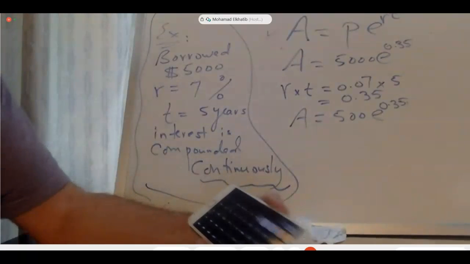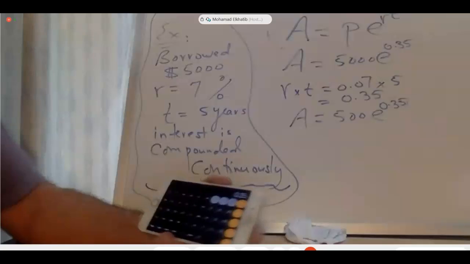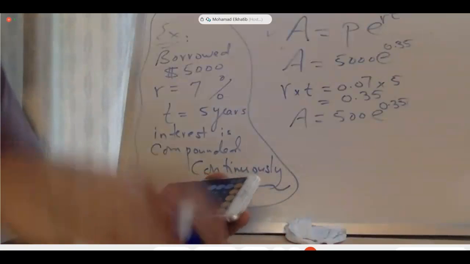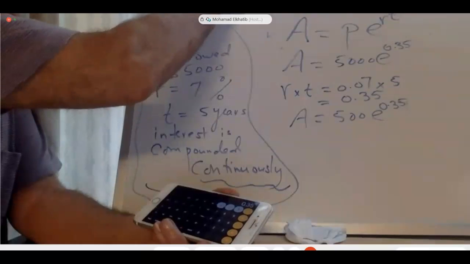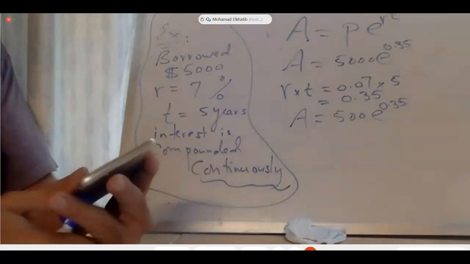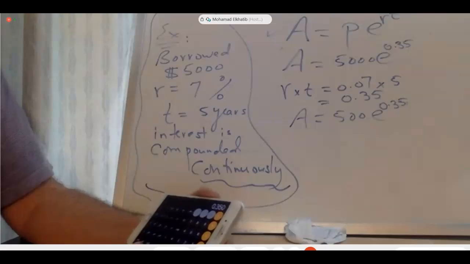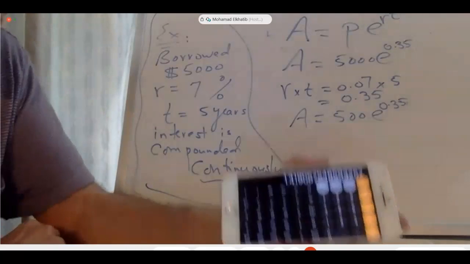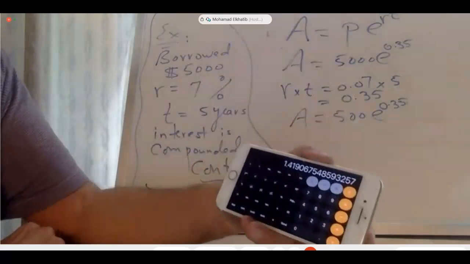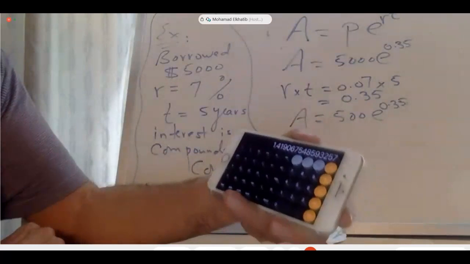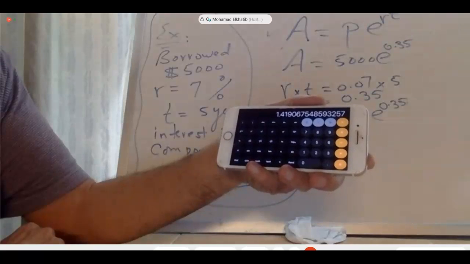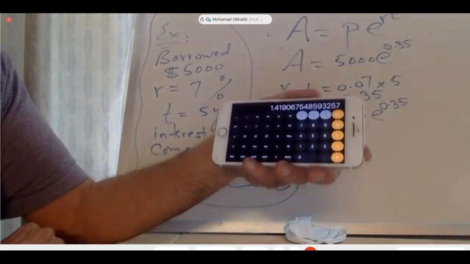How do you find e? On your scientific calculator, you should see a key that says e to the power x. See if you can find that. First you put the exponent 0.35, then you hit what? E to the power x. If you got, after you press 0.35, then e to the power x, this number, 1.41906, whatever that means, you hit the right key.